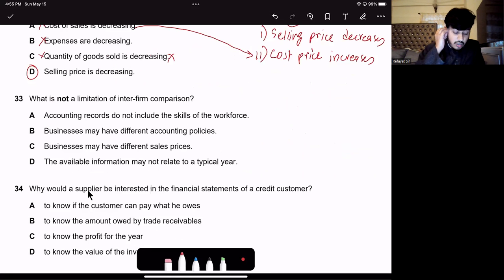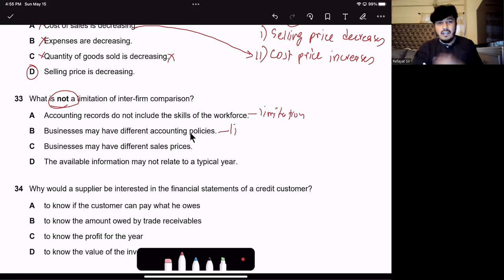33. What is not a limitation of interfirm comparison? All right. Number 1, accounting records do not include skills of the workforce. This is a limitation, but the question asks for what is not a limitation. Businesses may have different accounting policies, definitely. Different depreciation policies, different doubtful debt policies. So that's also a limitation. Businesses may have different sales prices.